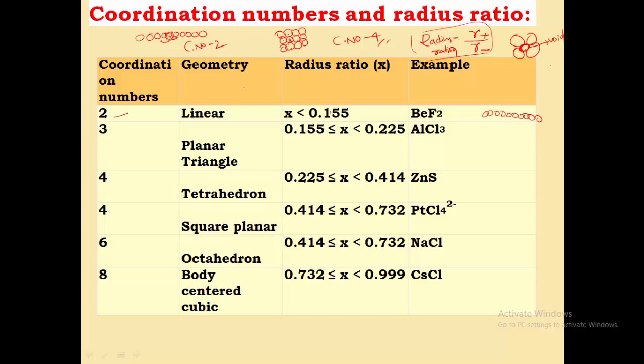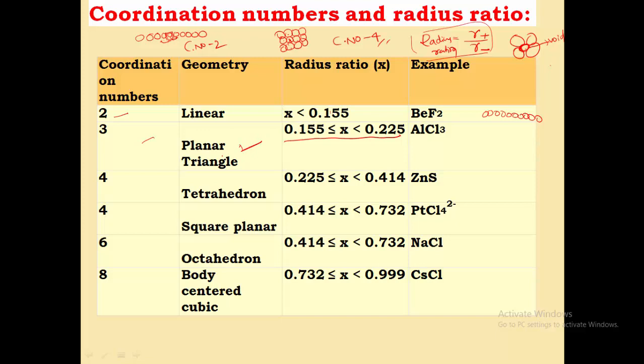Next, if the coordination number is 3, that means the geometry is planar triangle, and here the radius ratio must be in the range 0.155 less than or equal to x less than 0.225. If it lies in this range, then it has coordination number 3 and its geometry is planar triangle.